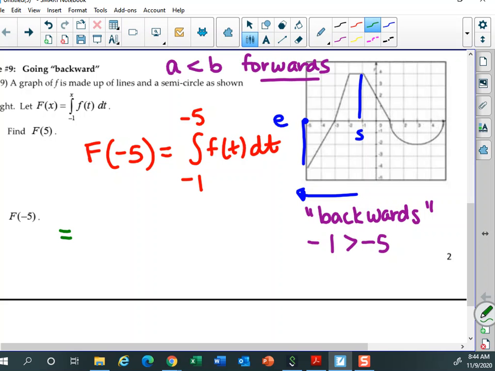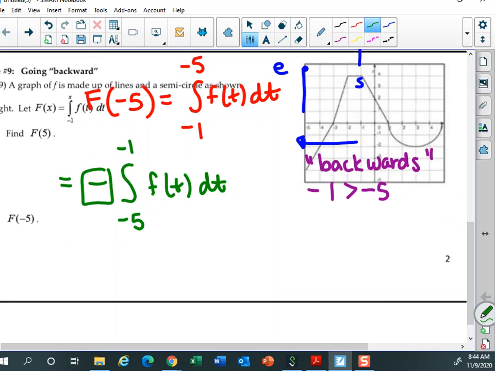So we can do this a couple different ways. We can say, okay, I'm going to change this to the integral from -5 to -1. And I'm going to put this extra negative in front of it. Sorry, I know I've moved my arrows and stuff.